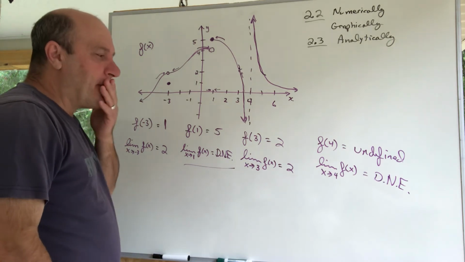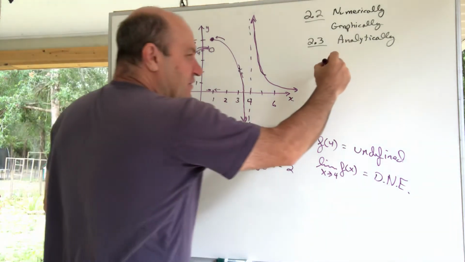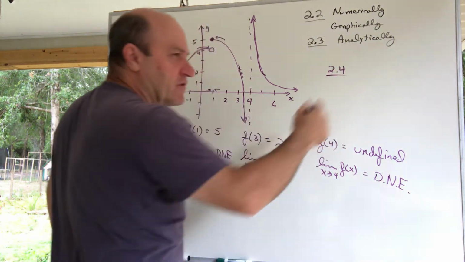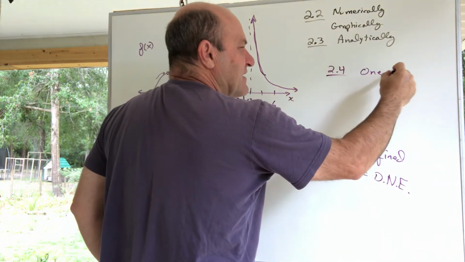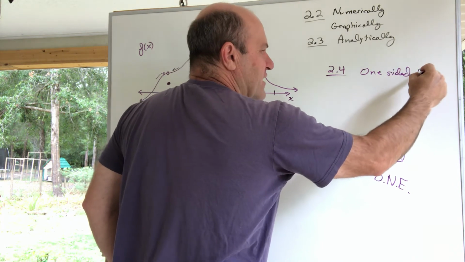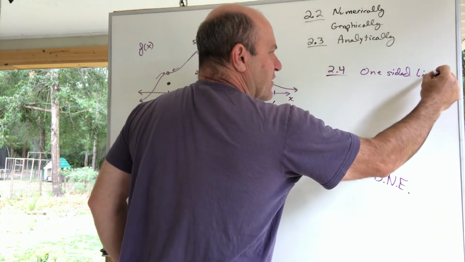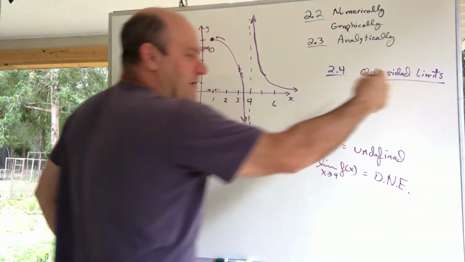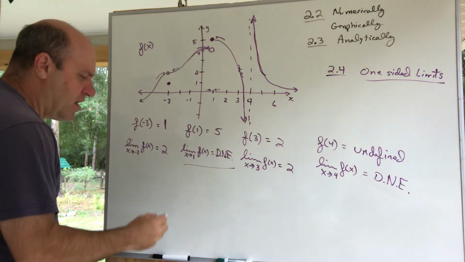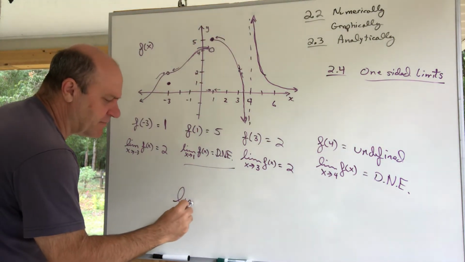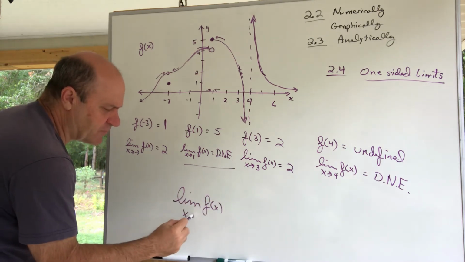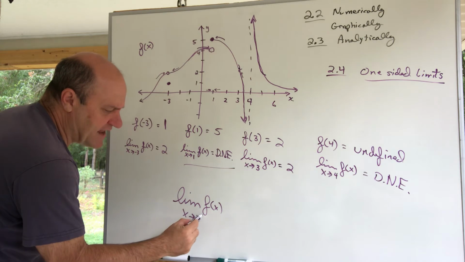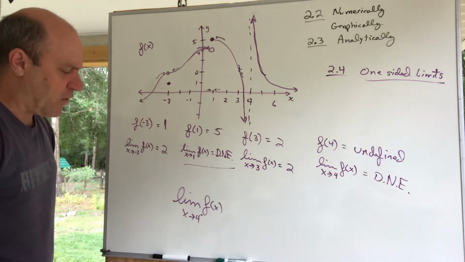Now, when we head into 2.4, there's some topics, but one of the topics is one-sided limits. And so while we're here, let's have a little preview of this. This is easy to tell you about. If I do this question, what's the limit of this function, we'll use this picture, as x approaches 4, and I put a little negative sign on the back side of the 4.